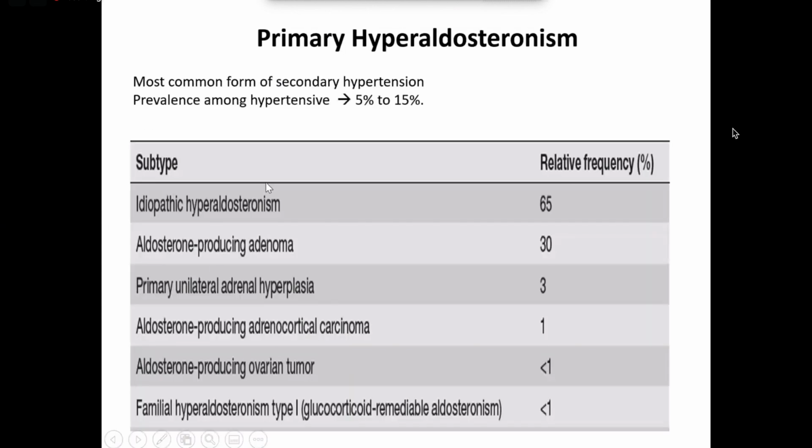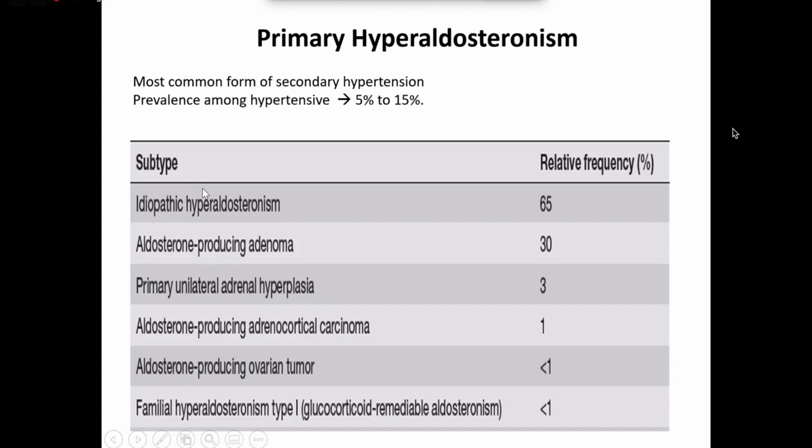The second most common disease resulting from high secretion of the adrenal hormones is primary hyperaldosteronism. It is quite common, not as we thought before. About 5 to 15% of hypertensive patients usually have hypertension secondary to primary hyperaldosteronism.